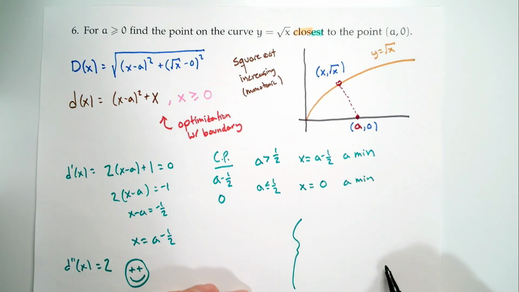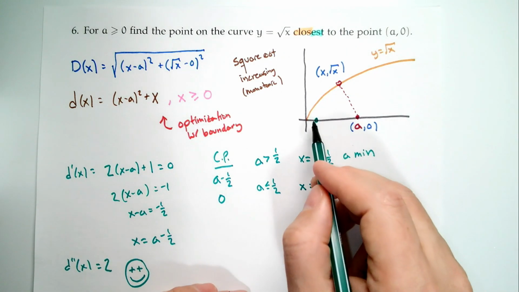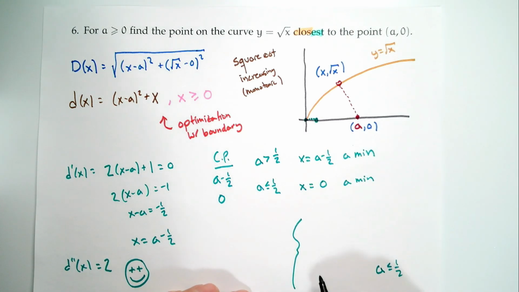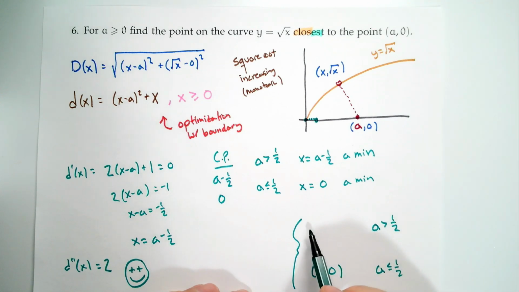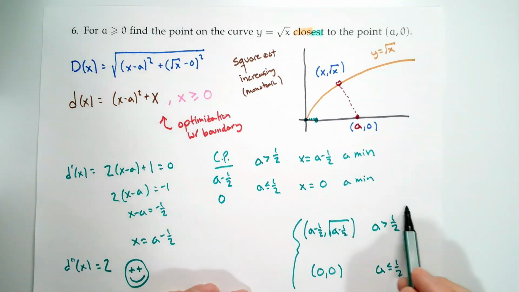If a is less than or equal to 1/2, so that means that you're down here, then the closest point is at (0, 0). If a is above 1/2, then the closest point is at x-coordinate a minus a half, comma, square root of a minus a half. And that's our answer.